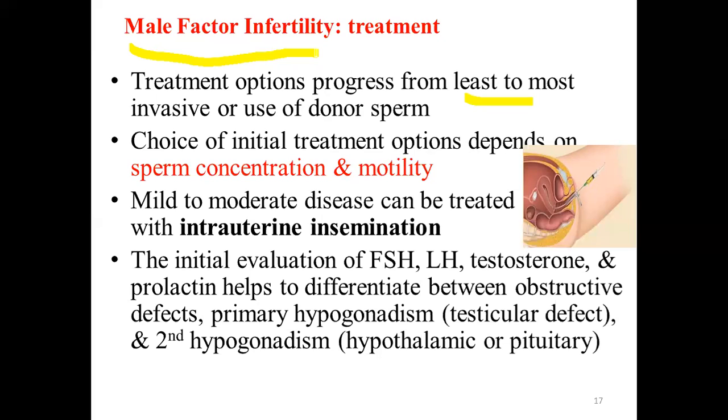The initial choice of treatment depends on the concentration of the sperm as well as the motility. Sometimes we can use intrauterine insemination, where you extract the sperm and place it directly into the uterus. So the treatment modalities vary depending on sperm concentration and motility.